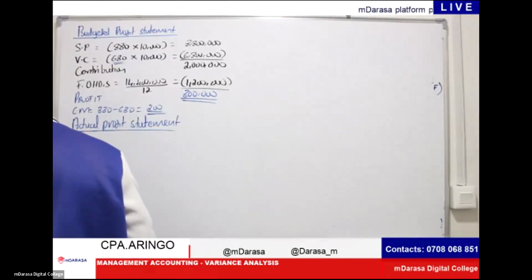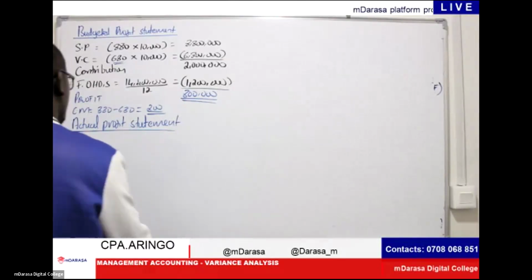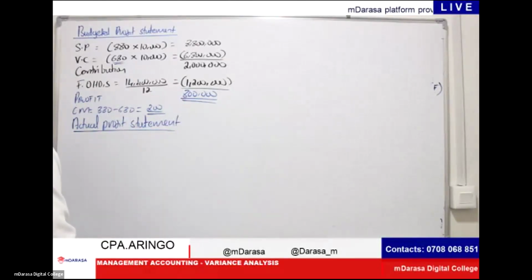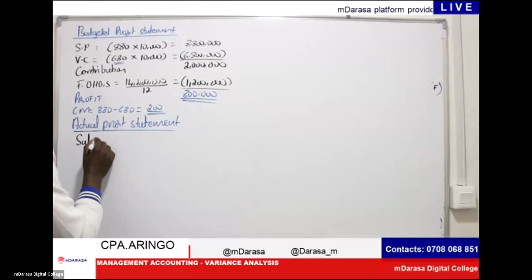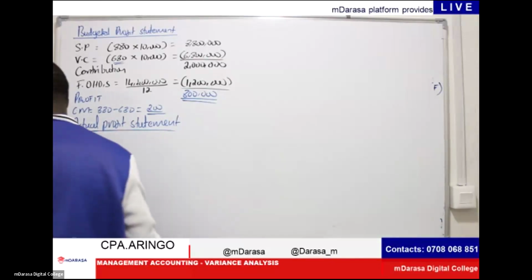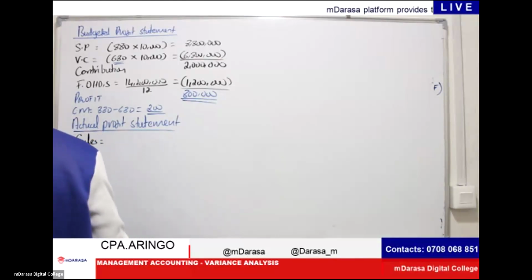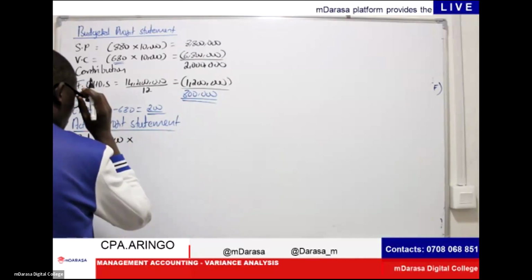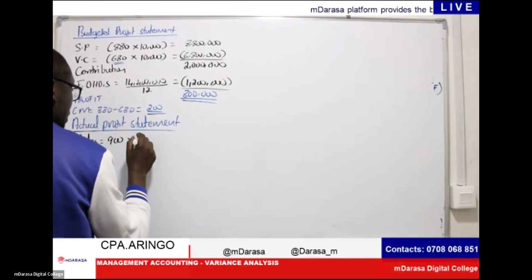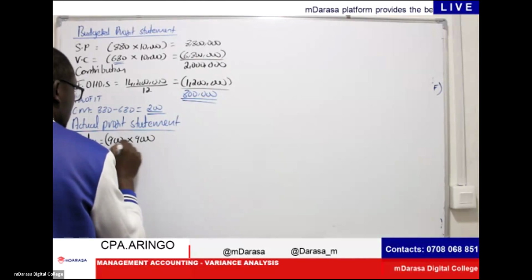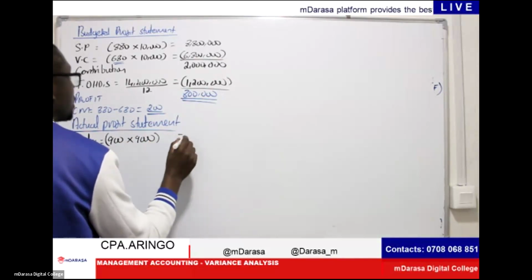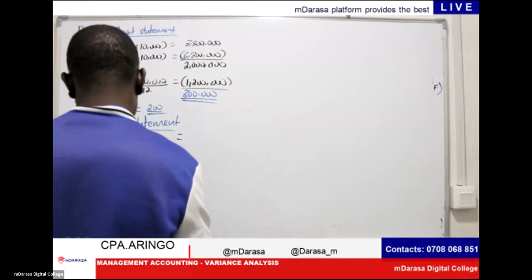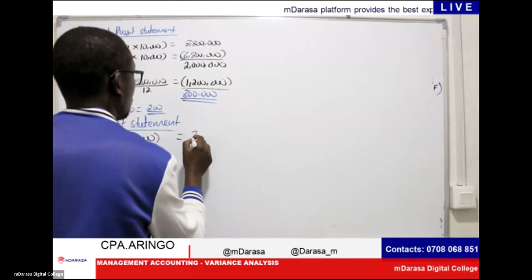We have actual production and units sold. So our sales will have the actual price of 900 times the number of units that we sold, actual 9,000. This will give us 900 by 9,000 to give us 8.1 million.